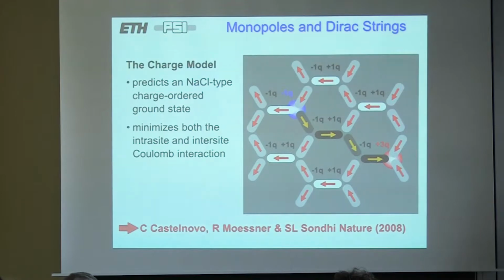And I find that the charge stays the same everywhere, except at the ends of the string where I have this negative and positive charge. If you look closely, you'll see that the charge has actually changed from plus 1Q to minus 1Q, so there is a change of minus 2Q. And here, there is a change in charge of plus 2Q. So this gives me a definition to go and find these emergent magnetic monopoles in my array.